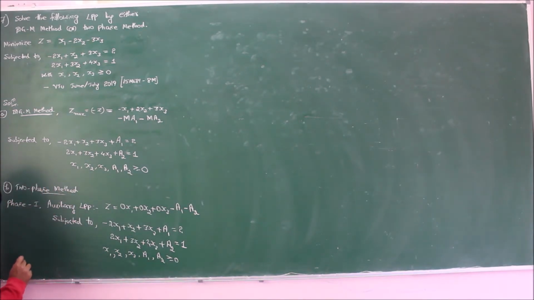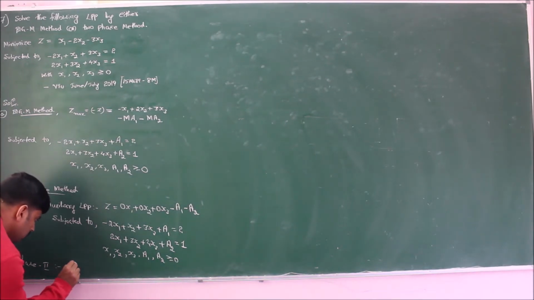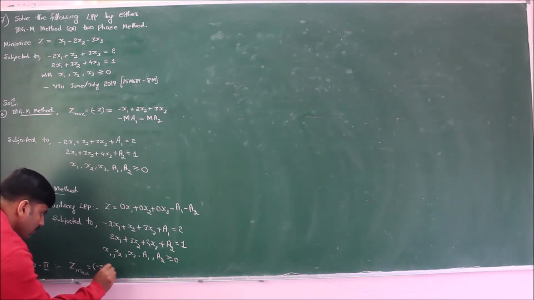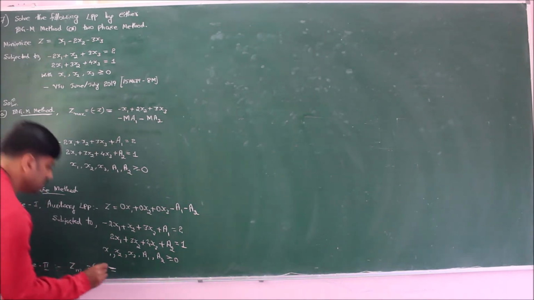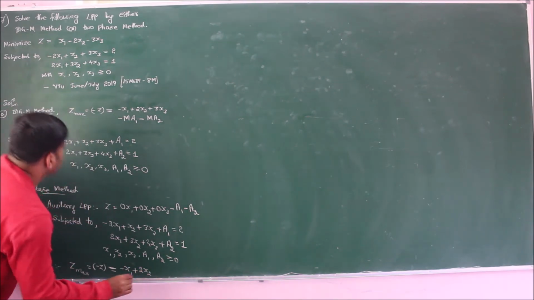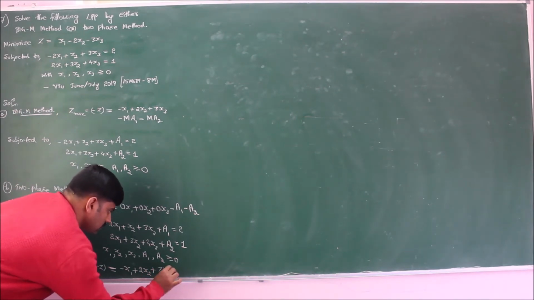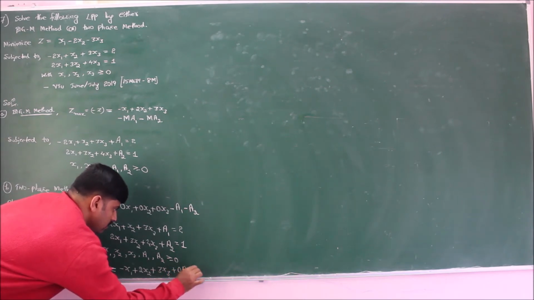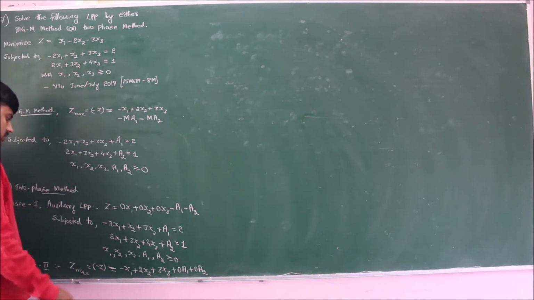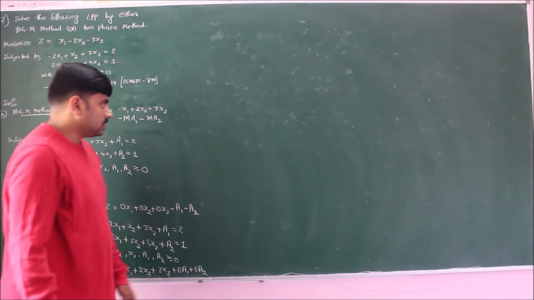For phase 2, we should use the actual equation, that is Z max, which is equal to minus Z, which will be equal to minus x1 plus 2x2 plus 3x3 plus 0 a1 plus 0 a2. So this I should use for phase 2, that is the actual objective function.